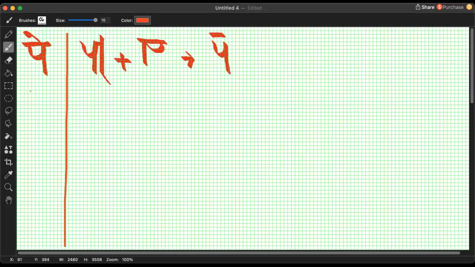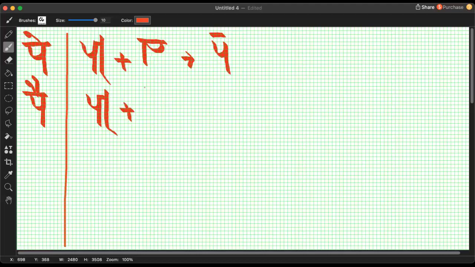Next, we'll write pi. This is Devanagari pi. We have root alphabet per first, and to this, we first write I matra.